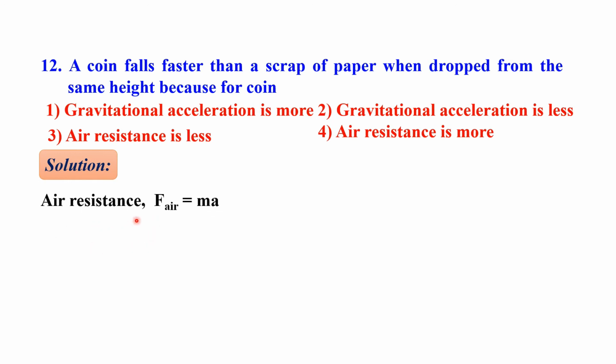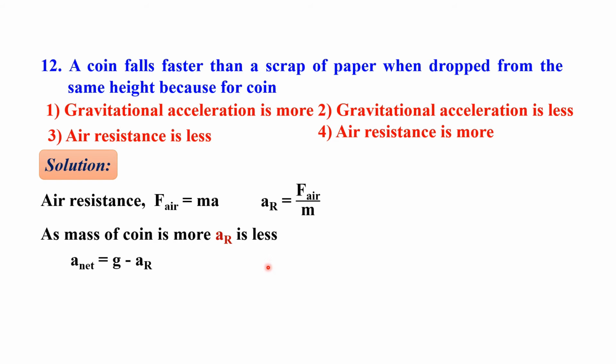Air resistance force FA equals MA. From Newton's second law of motion, F equals MA. So the air resistance acceleration is F by M. As the mass of the coin is more, the air resistance acceleration is less. So net acceleration is g minus a.